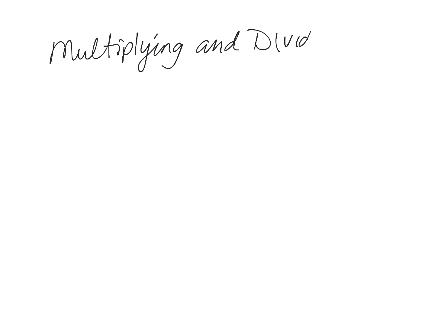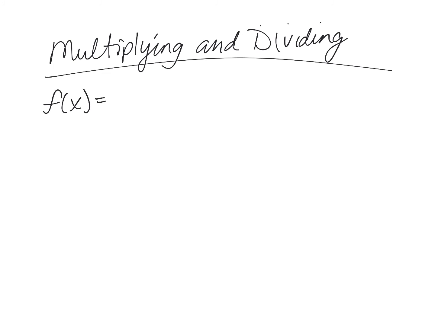Now we're going to look at multiplying and dividing. So if we are asked, let f of x equal x cubed and g of x equal the square root of x.